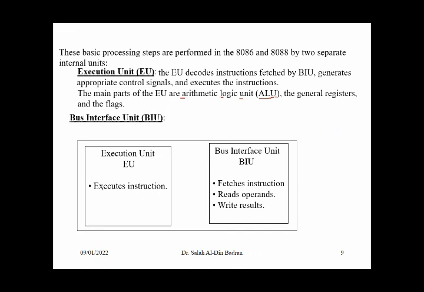So here we find the ALU, and the registers and flags. Some registers we call general registers. We will see that in detail.